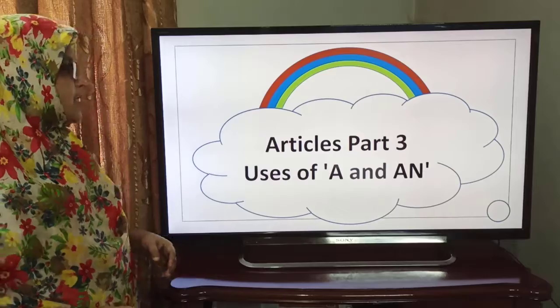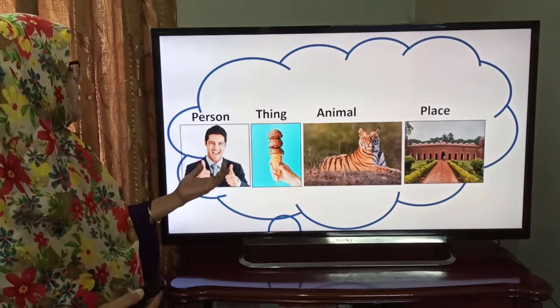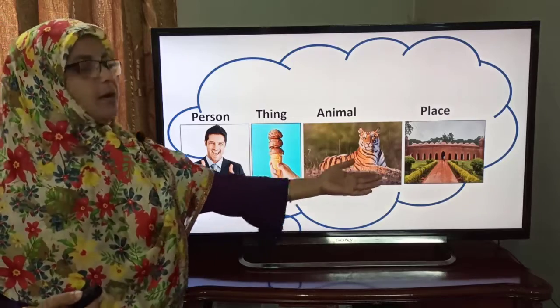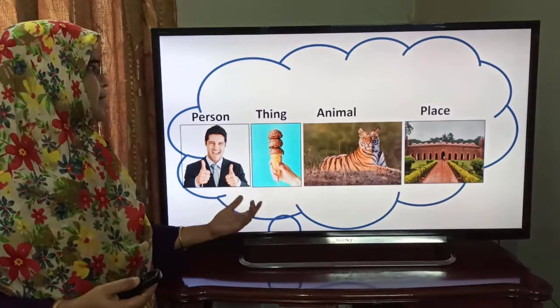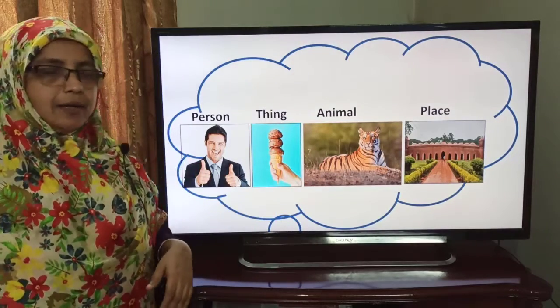Okay, let's start. When we use indefinite article, we use it for a person, thing, animal or place. Before a person's name, before a thing or animal, we have to use a or an.